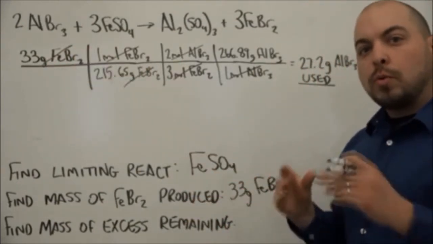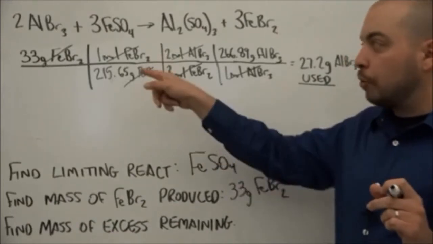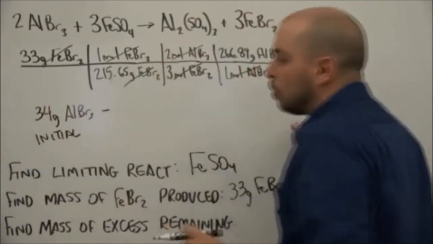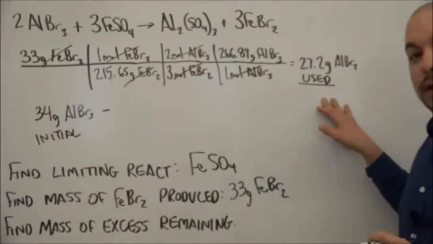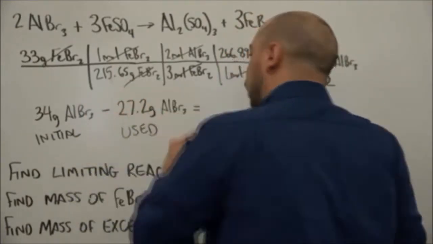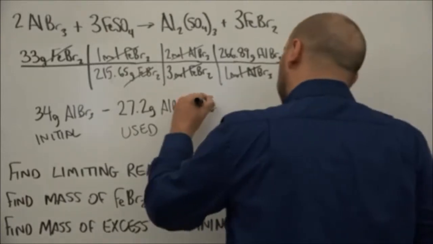Now, we were given up front that we had 34 grams of aluminum bromide to start. We now know we used 27.2 grams of it, which means that 6.8 grams remain.